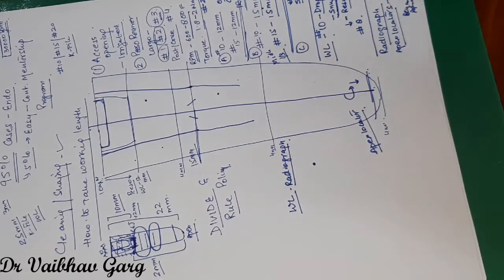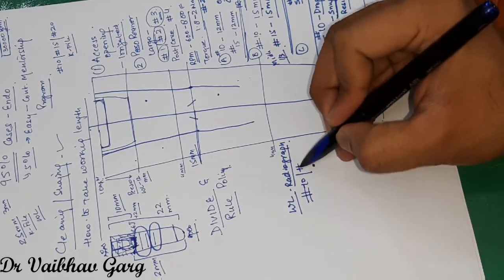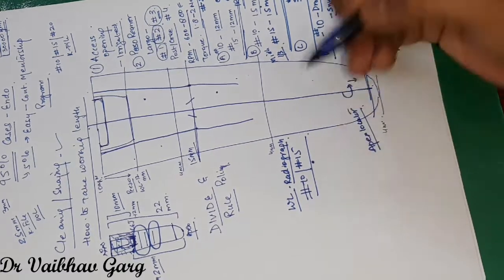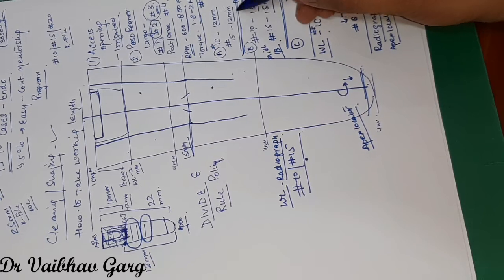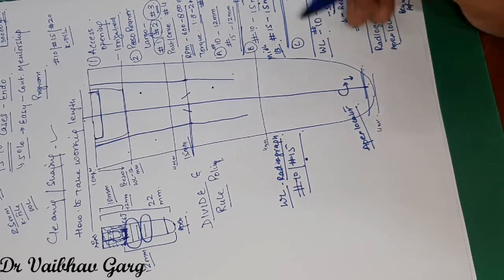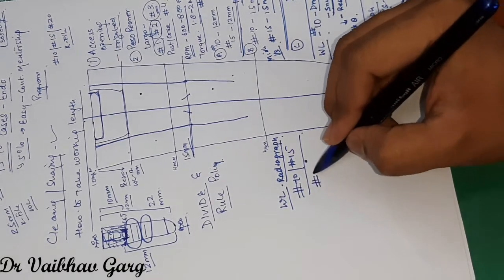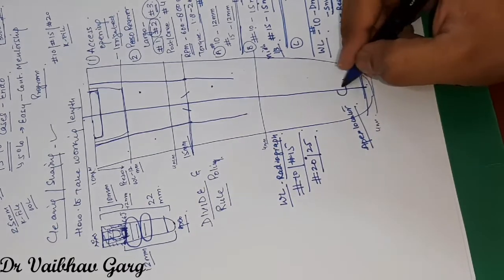So working length has to be taken with a 10 number file or a 15 number file. What if a 10 number file is also loose within the canal and a 15 number file is also loose? That means we have to use a number 20 or 25 file so that it snugly fits.